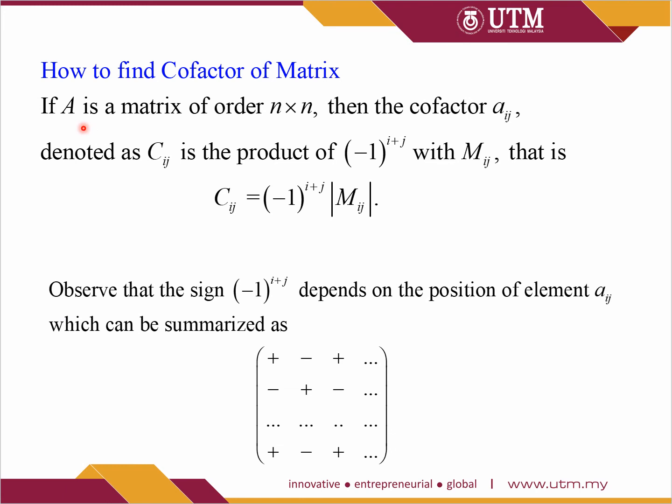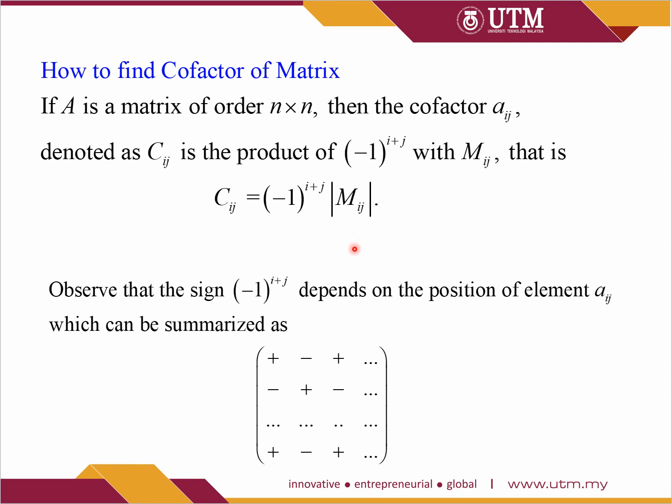So here is how to find the cofactor of a matrix. Given the cofactor of Aij, we represent the cofactor as Cij. Cij is the product of -1 to the power of i plus j times the minor matrix.